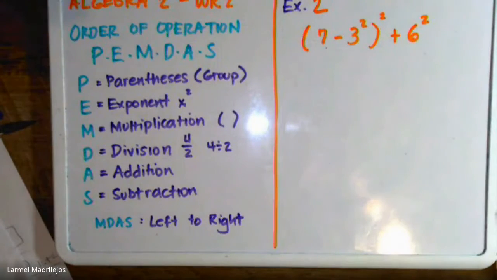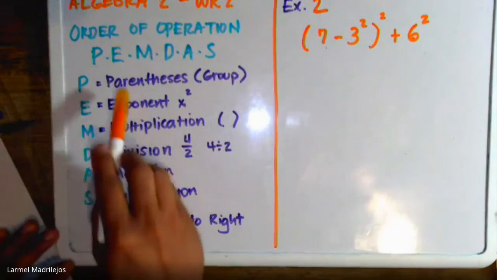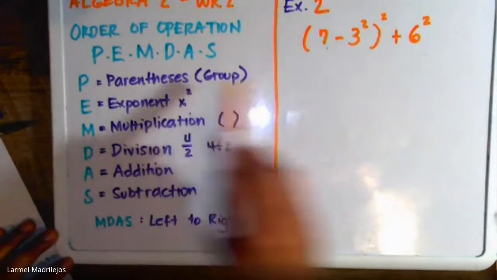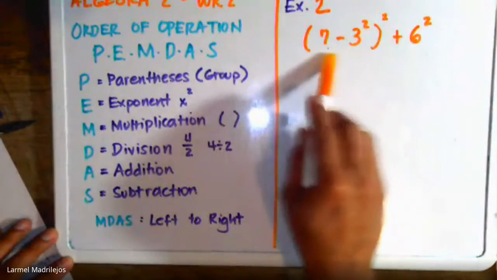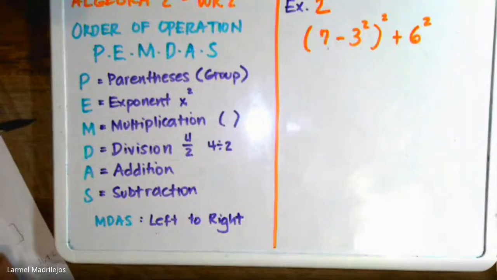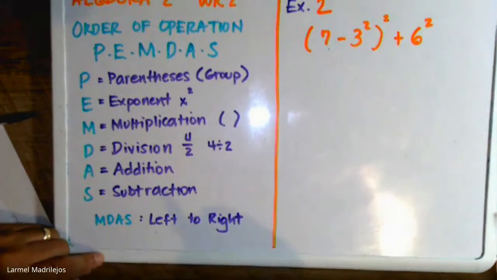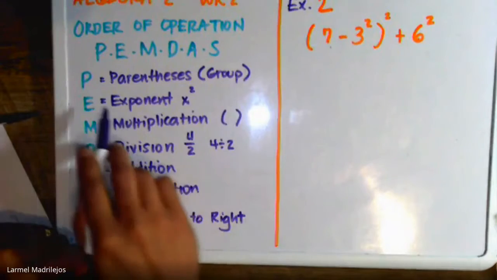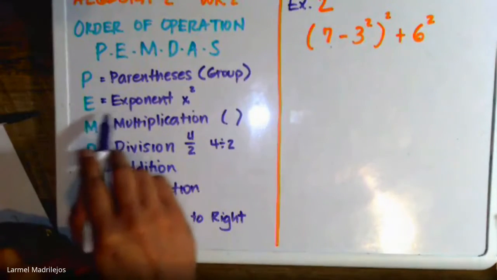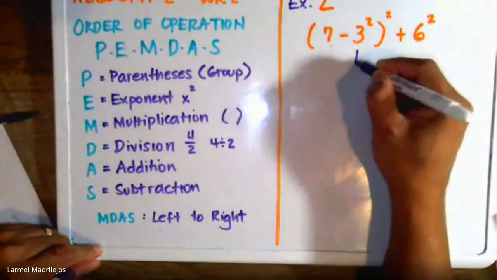The same process. I see parentheses, I see groupings, so I'm going to start with the groups. Inside the parenthesis there is an exponent, because that's the next word, the exponent. I'm going to start with this.